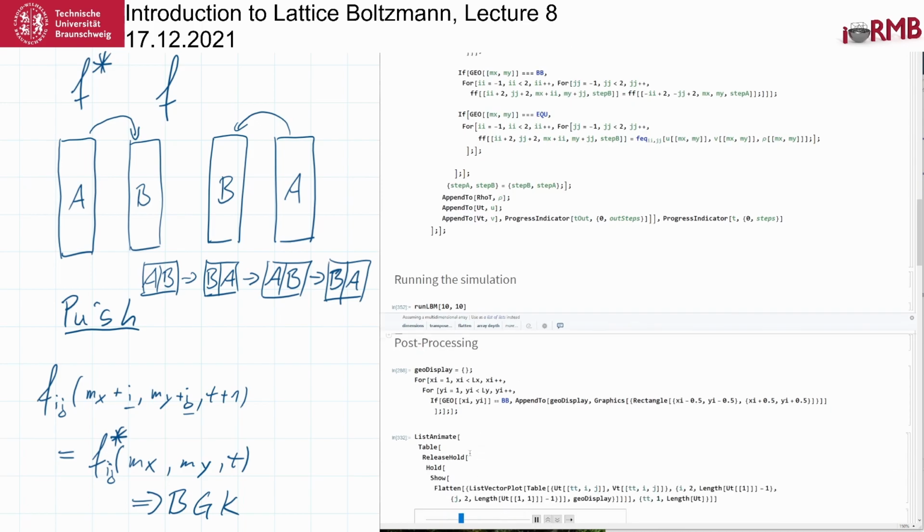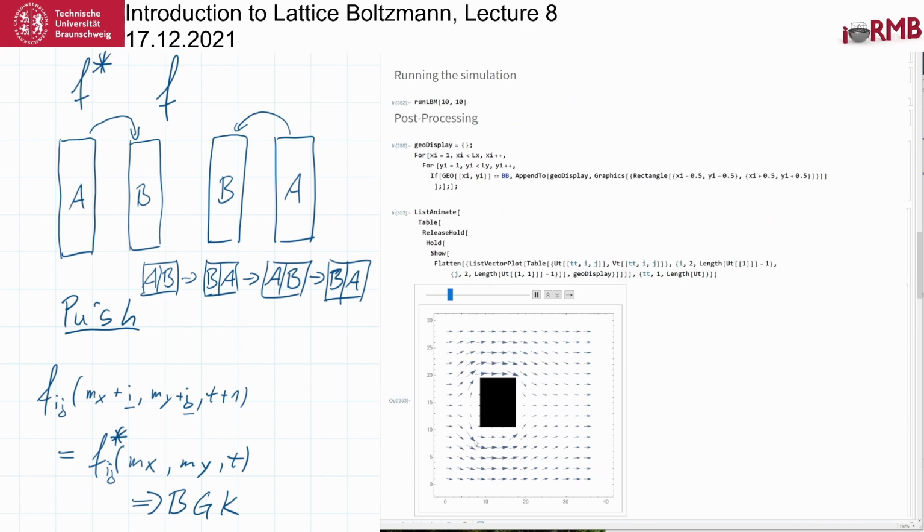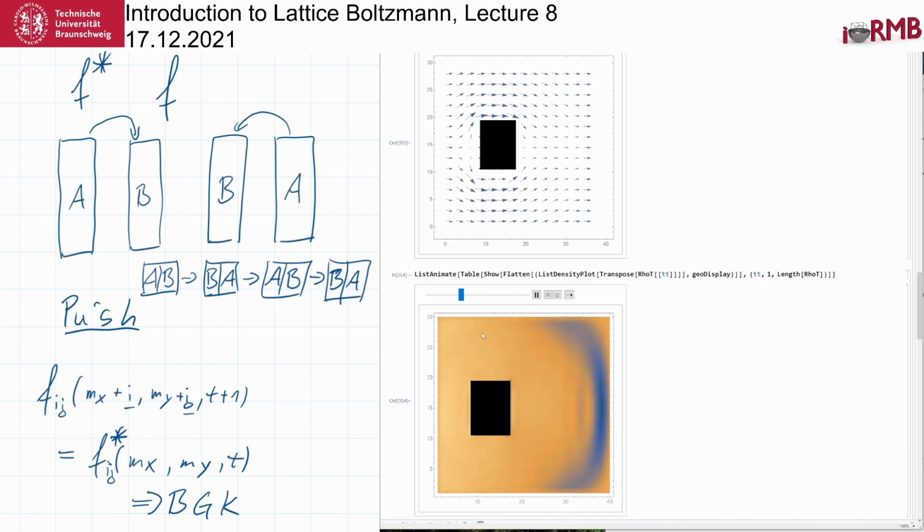And now we do our post-processing again, and this is the velocity field that we get out, for a pressure wave that's going around. Okay, so this was a little bit suboptimal, that I couldn't find this mistake during the lecture.